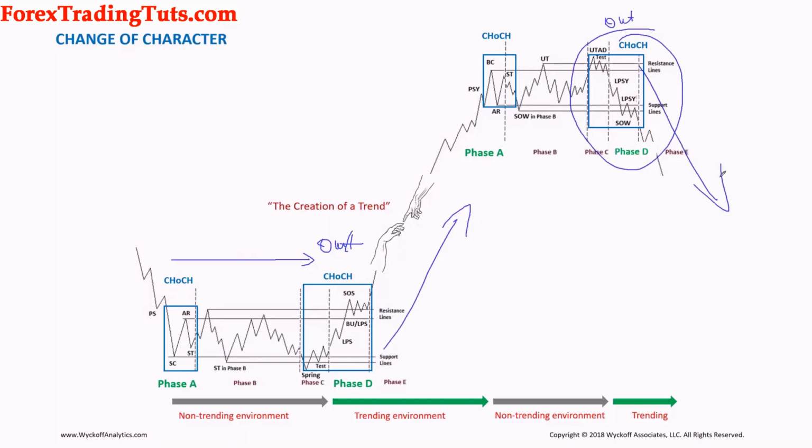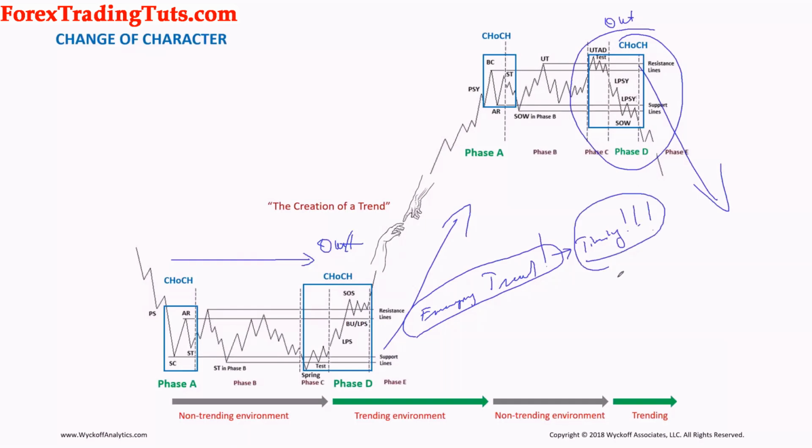Actually, if we were more precise, we could say that this change of character is part of the emergent trend. And by the way, I talked about this in the last class. It's an extremely important concept from the point of view of timing. This is where all of our trades are going to originate.